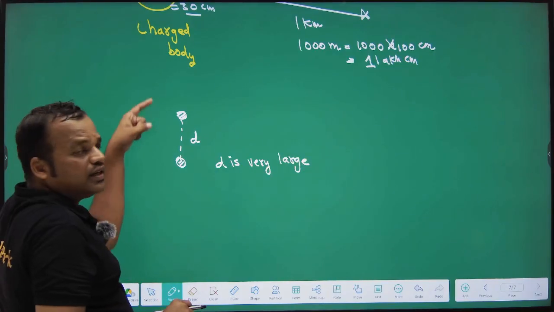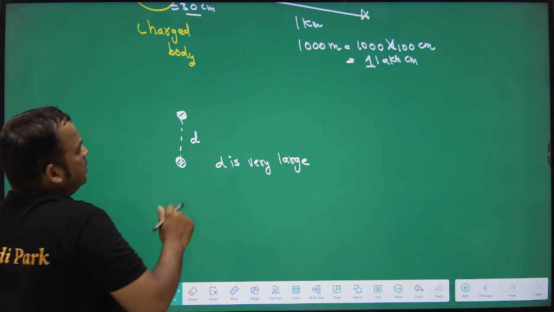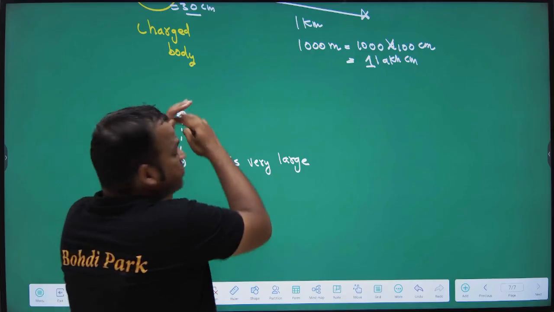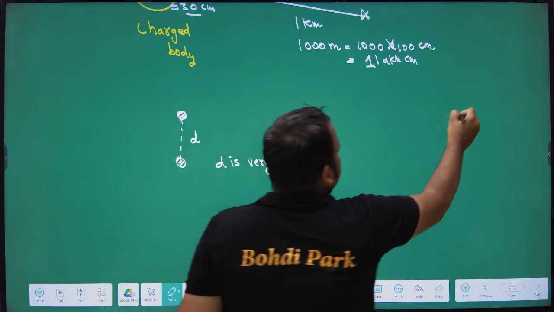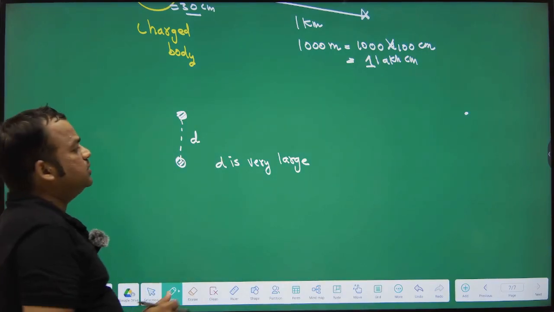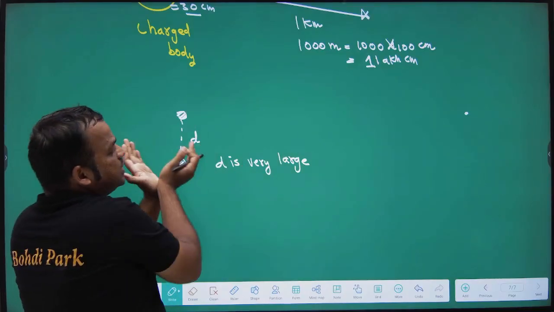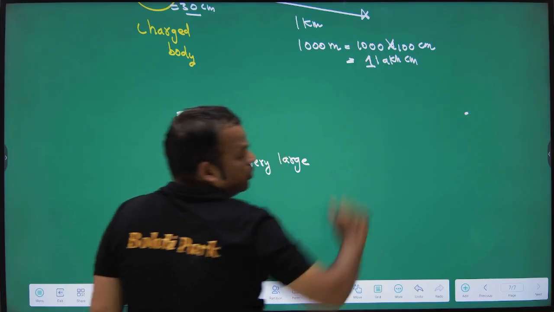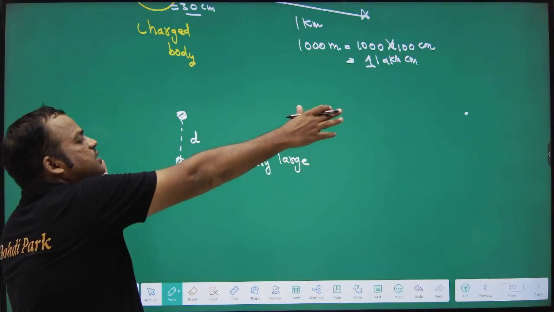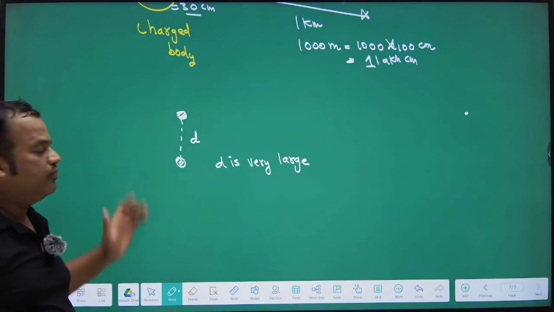So now we are calling it a system of charged particles. If you consider this as a system and you are observing it from very far distance, we can consider this system of charged particles as a point charge for this point, which is at a very large distance from both point charges.